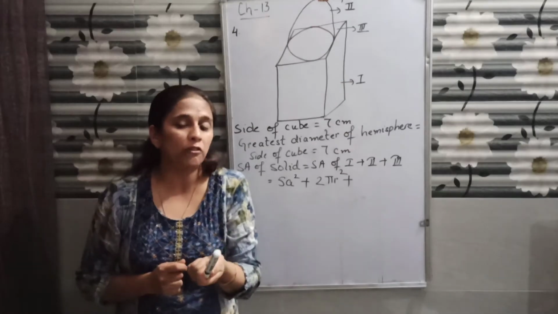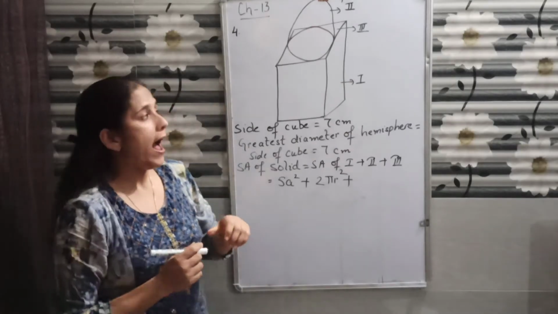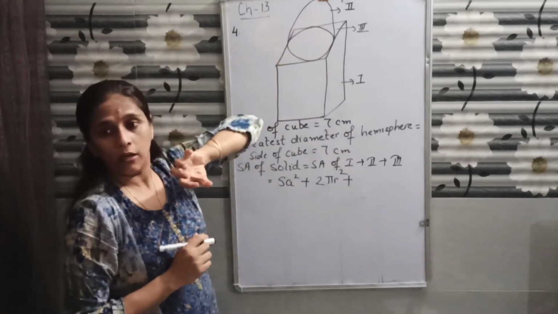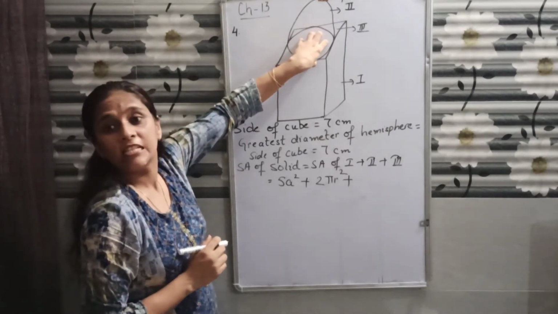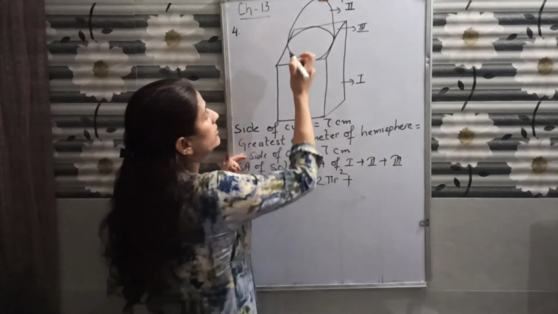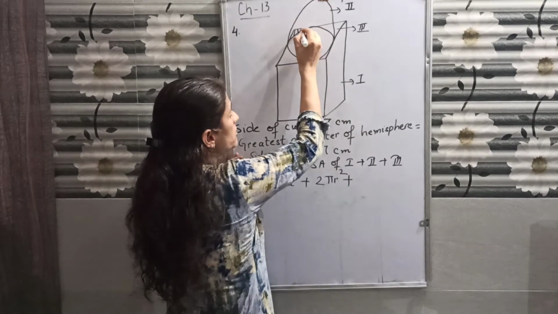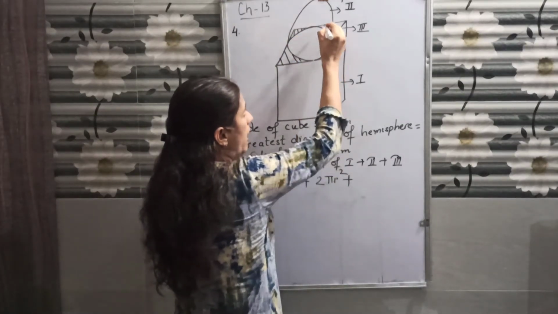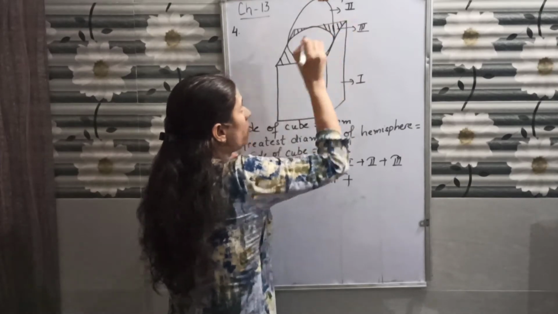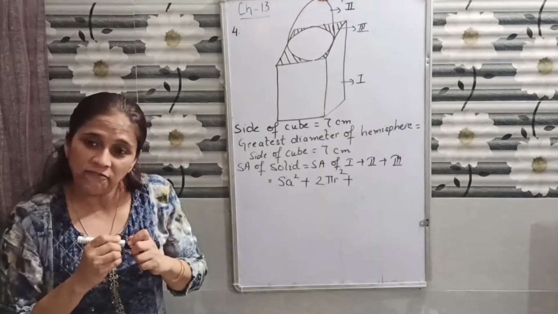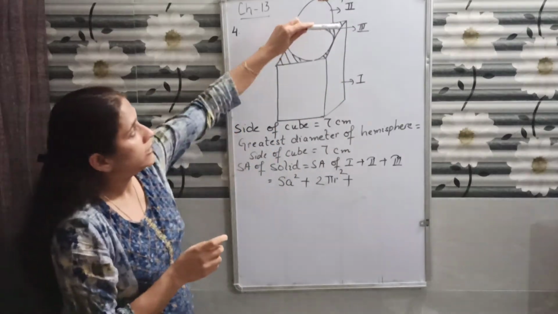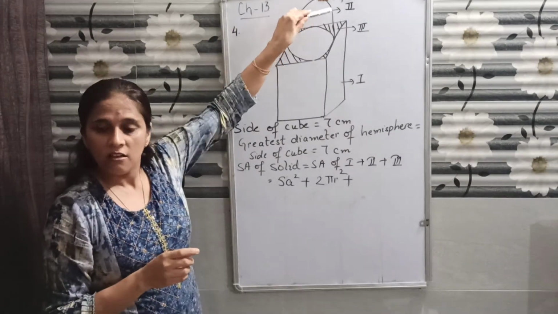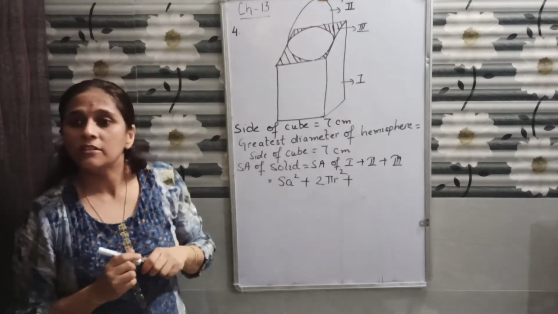Each face of a cube is a square, and in this square you have a circle. The part that is visible to you is this one, and you have to find the area of this part. The area of this part can be easily found from the area of the square. We will separate the area of the circle.